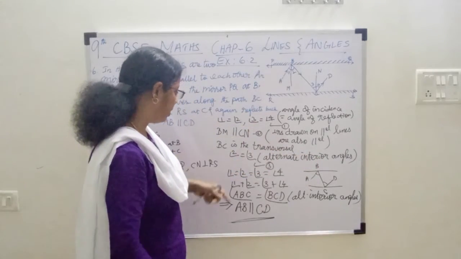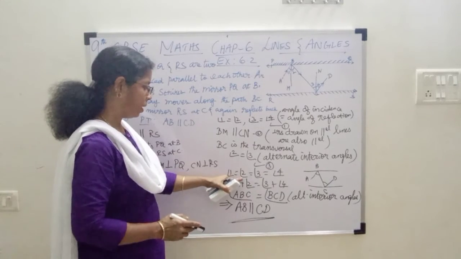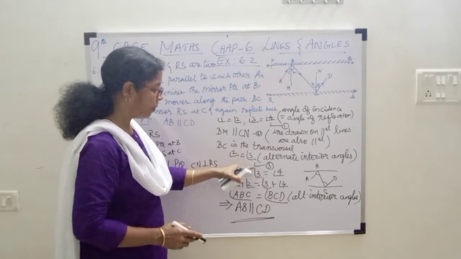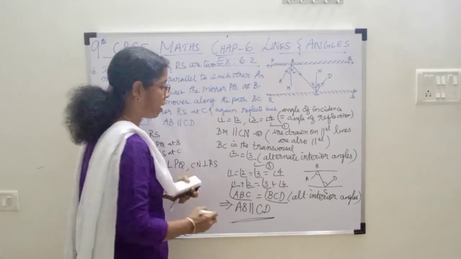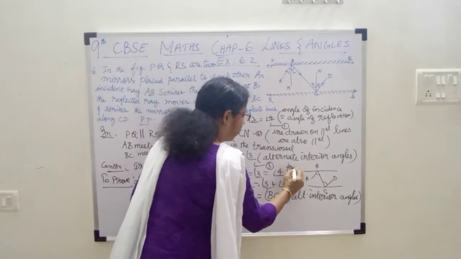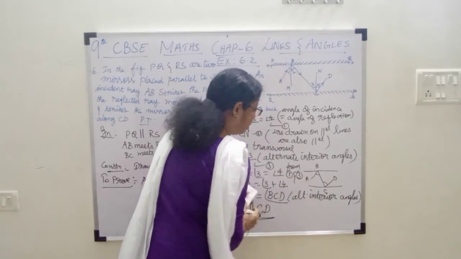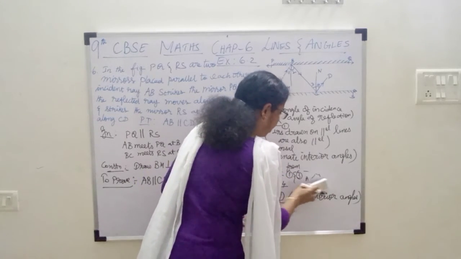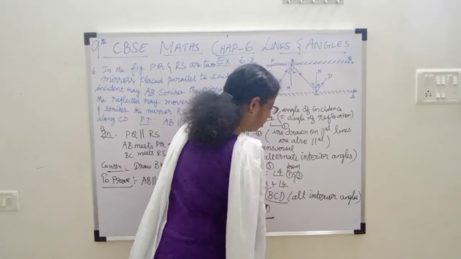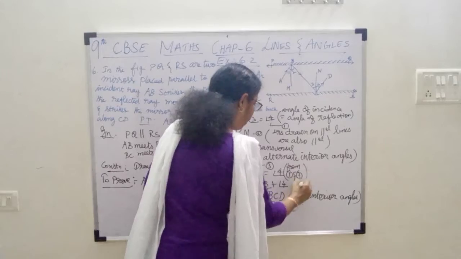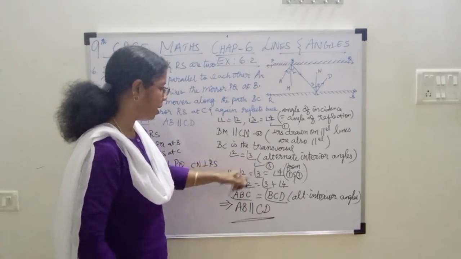But from 1, already we know angle 1 is equal to angle 2. But angle 2 is equal to angle 3. Angle 3 is equal to angle 4. This you got from the first equation and the third equation.